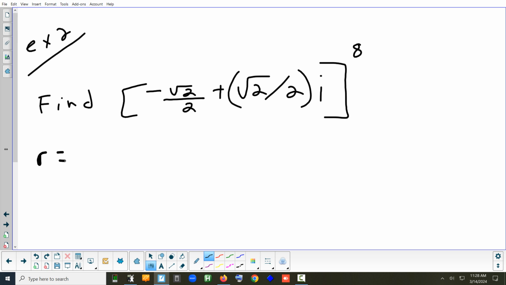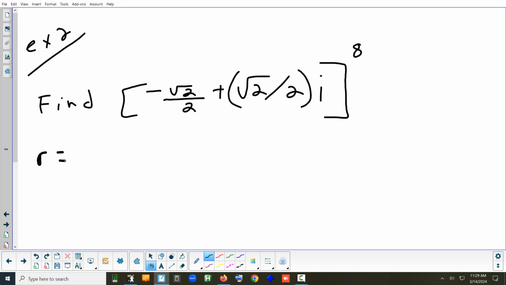I'm pretty sure the radius is going to be 0. No, because that would be 1. Because we've done this before, a -2 over 2 is a half, and then another -2 over 2 is a half. Well, this is a point on a certain circle.